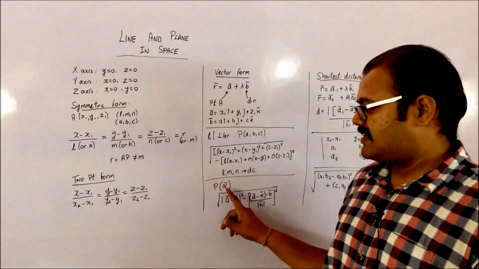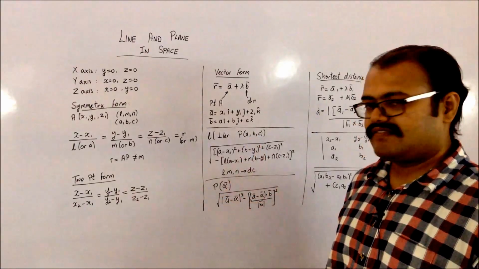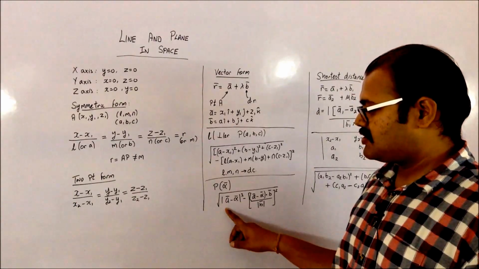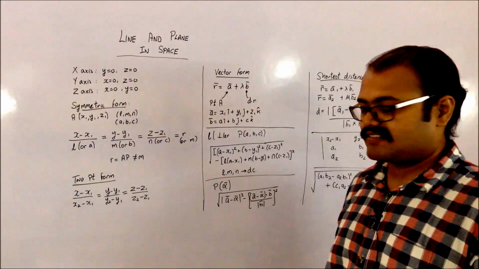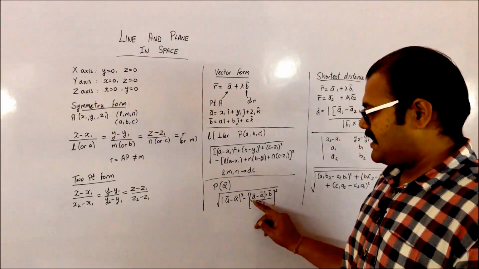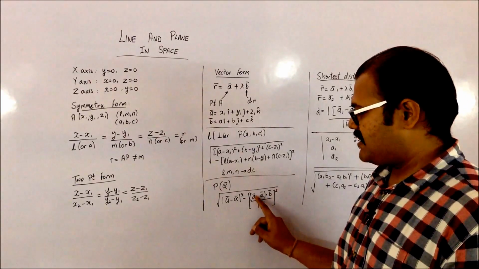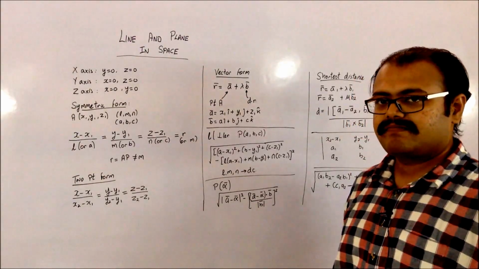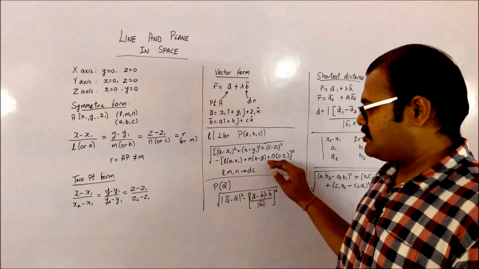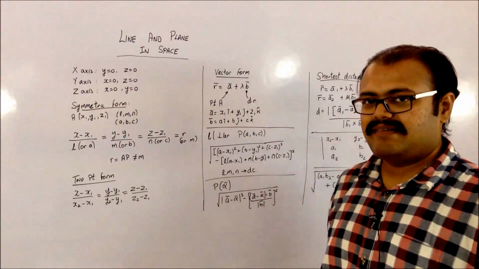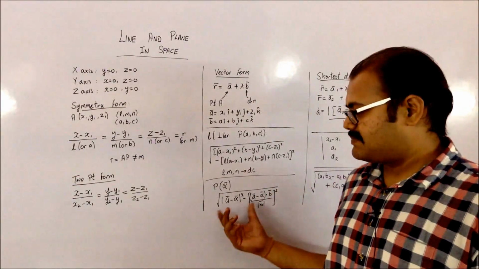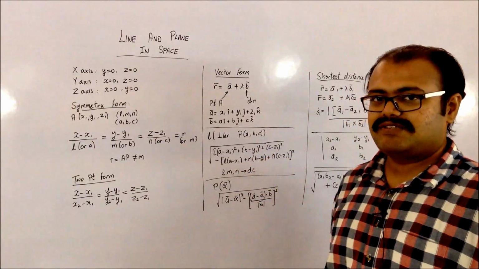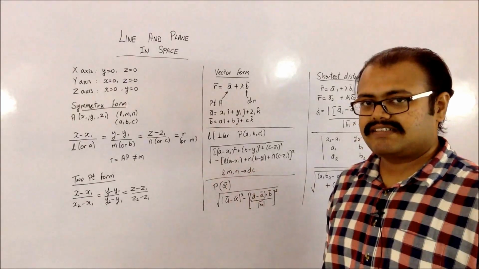The distance formula is given by the square root of the magnitude of a bar minus alpha bar squared, minus the square of the dot product of (a bar minus alpha bar) with b bar divided by the magnitude of b bar. If you relate both of them, it's the same equation. If you expand this, you will get the same thing over here. This is a bit easier to remember than remembering the other one.